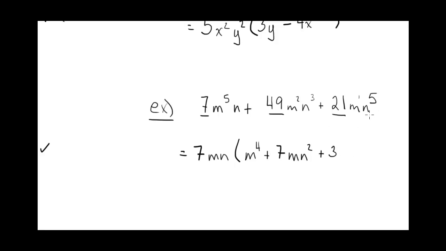And n times what gives us n to the 5, n to the 4. So there we go. And you should just always check, are there any greatest common factors in there? Nope, fully factored. Good.